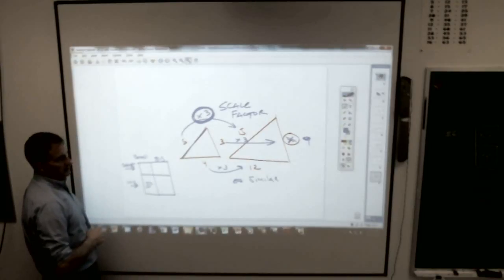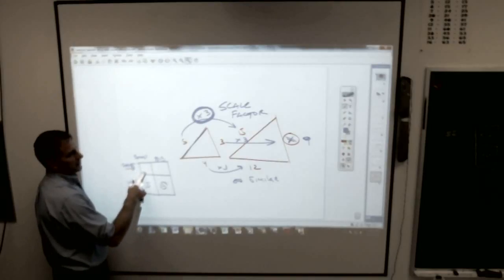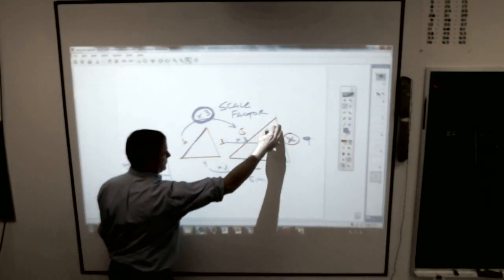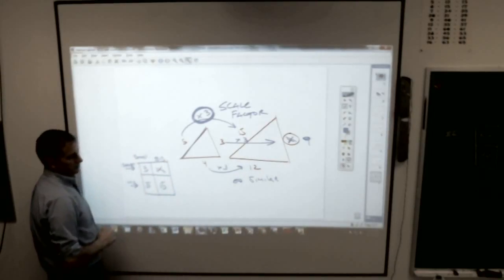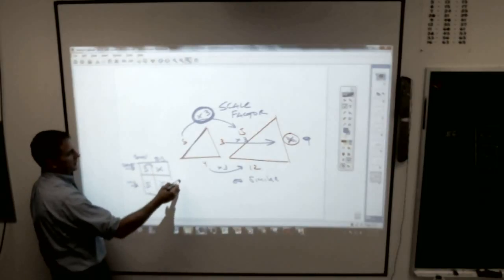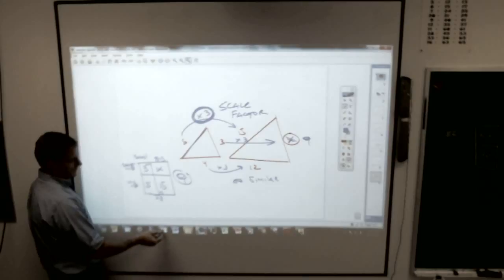Long side on the big triangle is 15. Short side on the small triangle is 3. Short side on the big triangle is the one you don't know. So there's your ratio and proportion box, and it all works the same way. Times 3, times 3.